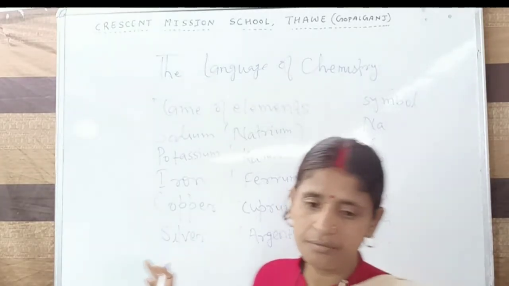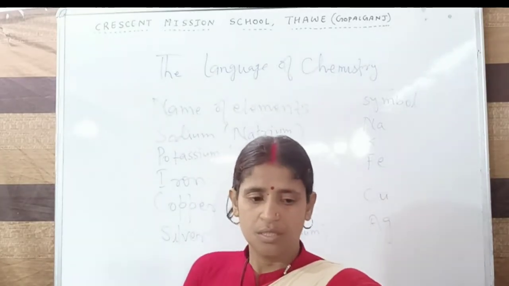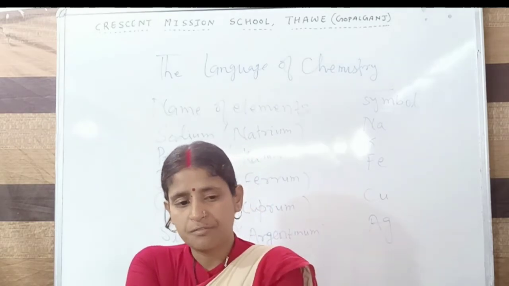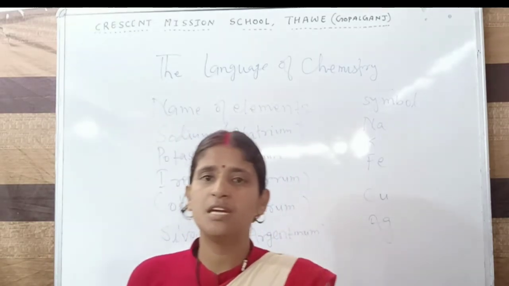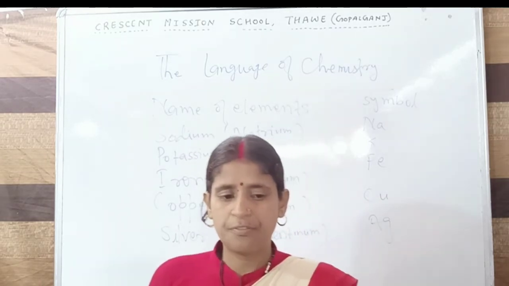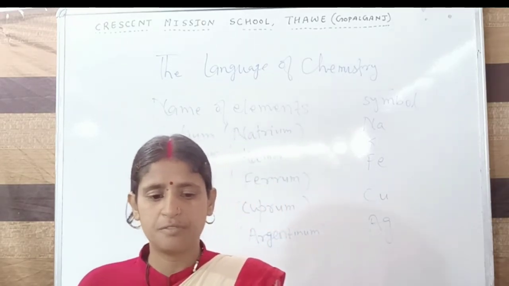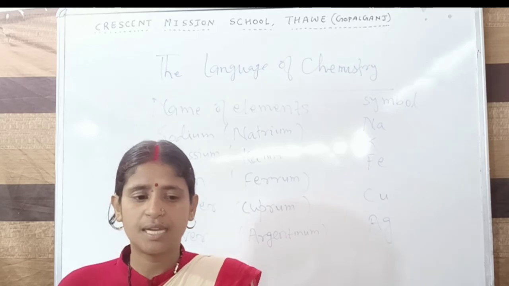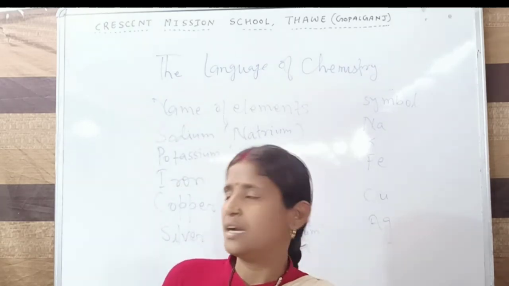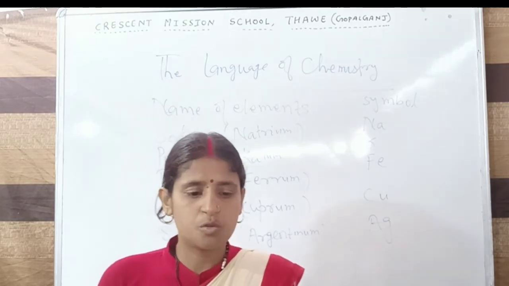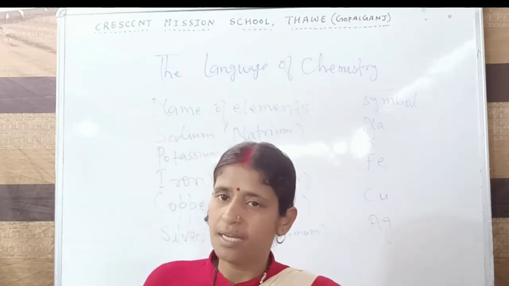In this chapter, today we learned that a symbol is an abbreviation of an element. The symbols of elements have been derived in three different ways. First, the first letter of the English name of an element. Second, the first letter along with one more letter of the English name. And third, one or two letters of the Latin name of the elements.